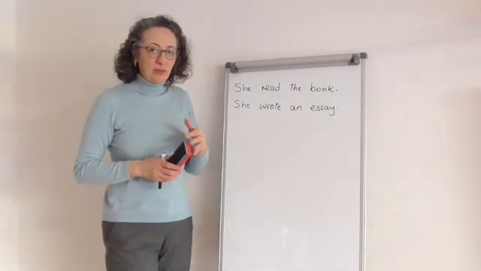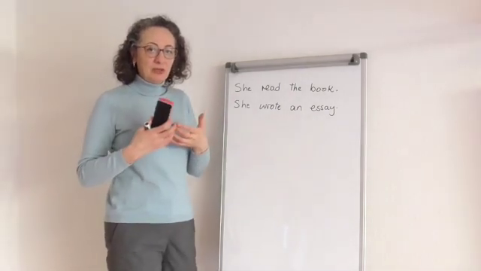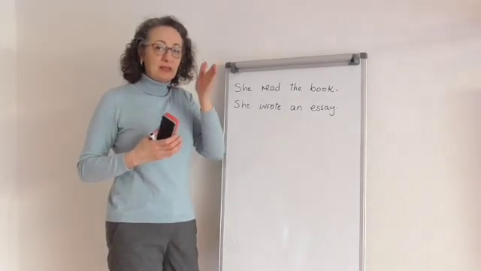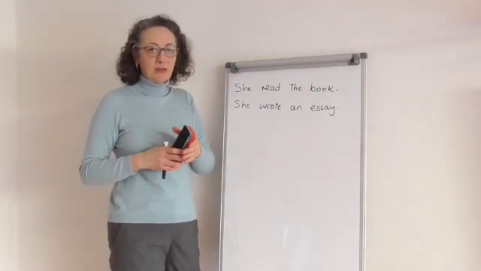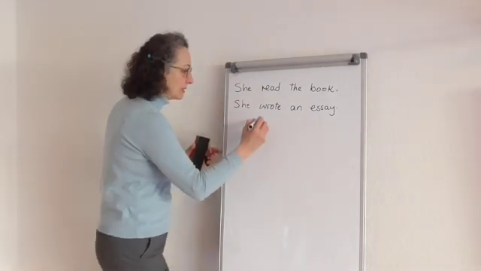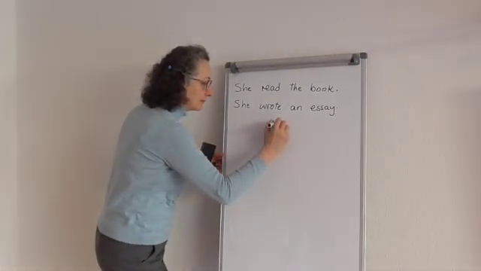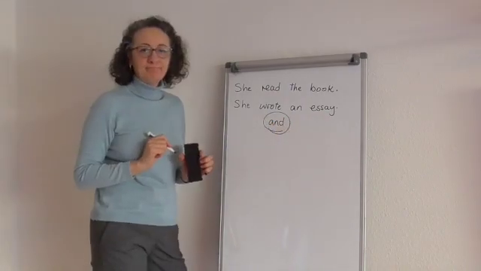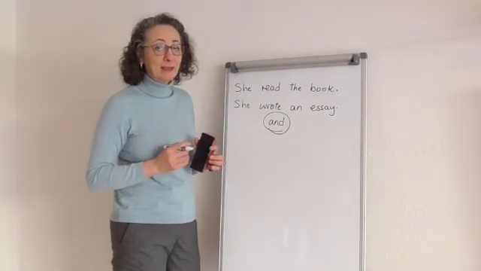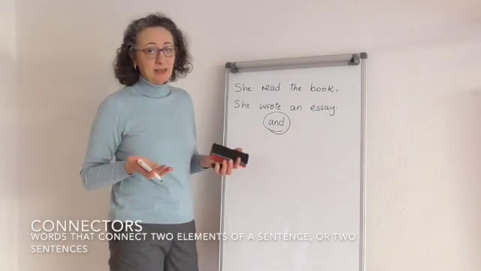Now, in order to connect two sentences, when you want to add information to this first part of your sentence, there is a very, very simple word that we use, and that word is and.